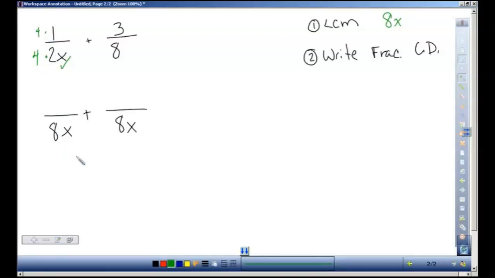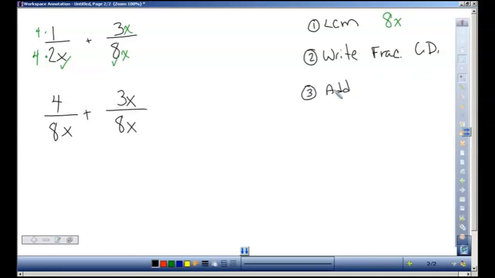Missing a times 4. So 4 times 1 is 4. So now I have this fraction written with a common denominator. Over here, on this one, I have the 8. The 8's taken care of. I am, however, missing the x. So I've got to multiply the bottom by x, which means I have to multiply the top by x as well. So now I have 3x on the top and 8x on the bottom, and now I have written my fractions with a common denominator.